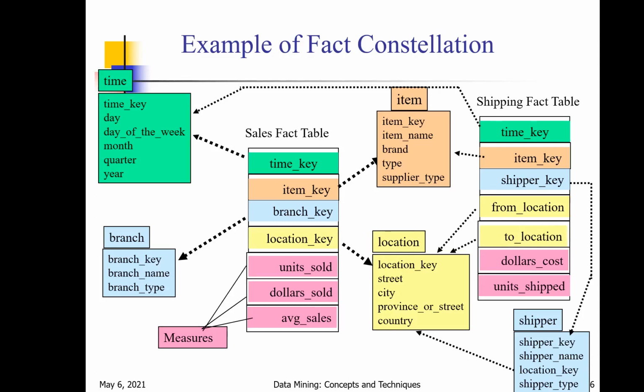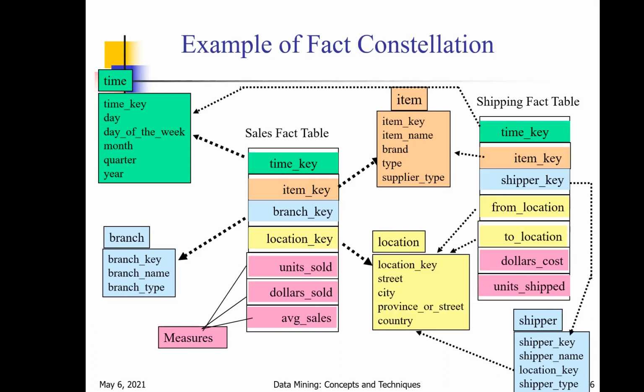Here the shipping fact table is there, and like that we can have several fact tables. These fact tables use some common dimension tables. In the figure you can observe clearly that the sales fact table and the shipping fact table both use the item dimension table, and in the same way both use the location dimension table.